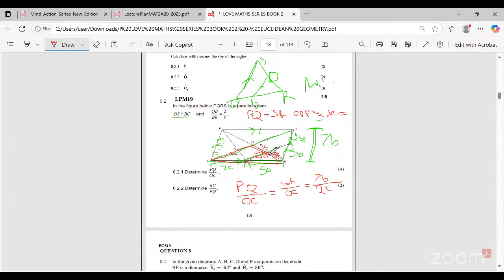Therefore, this part again here will be 7C this side. Then what else can we do? Bit challenging.